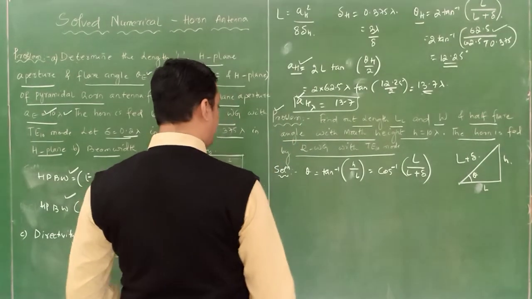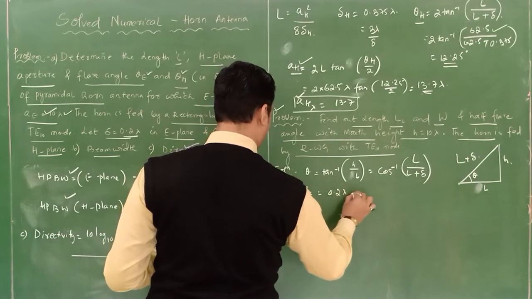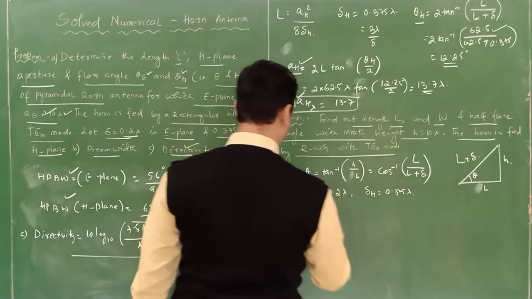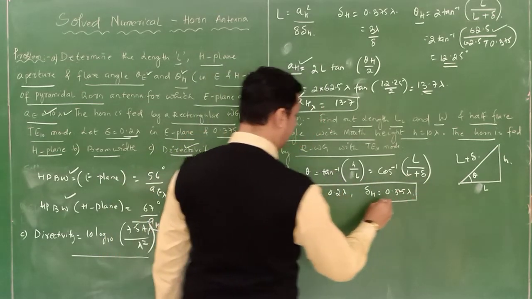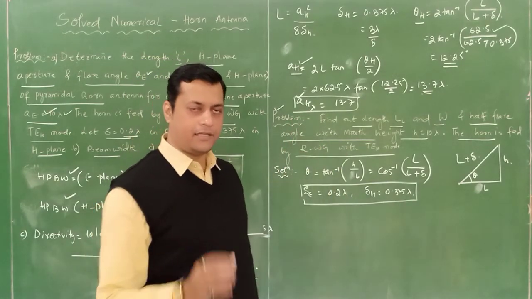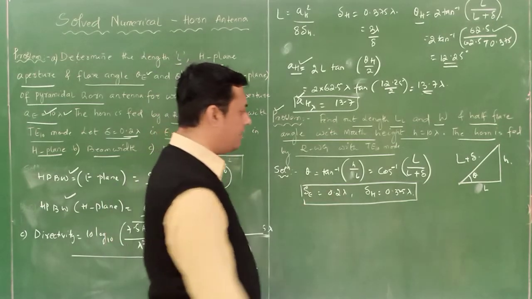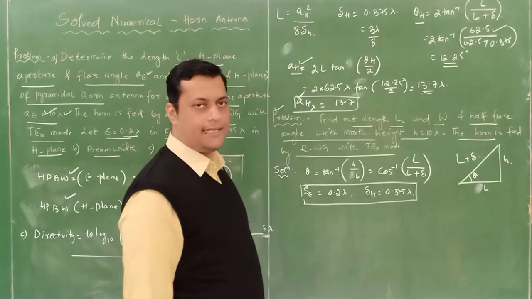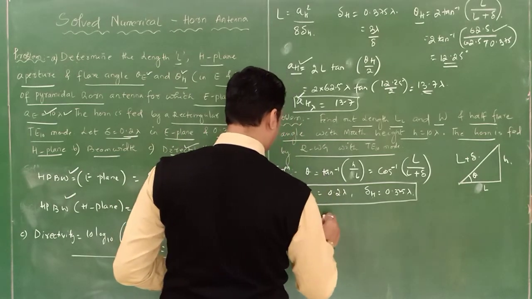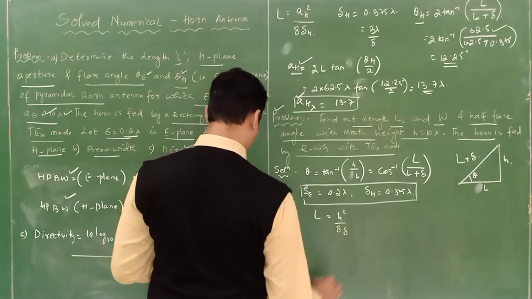Now for this we have to consider del E equal to 0.2 lambda and del H equal to 0.375 lambda. These are the standard values. In this question it is not given, but if it is not given, we consider the standard values, that is del E equal to 0.2 lambda and del H equal to 0.375 lambda, and with the help of this we can determine the length. L is equal to H square divided by 8 del.